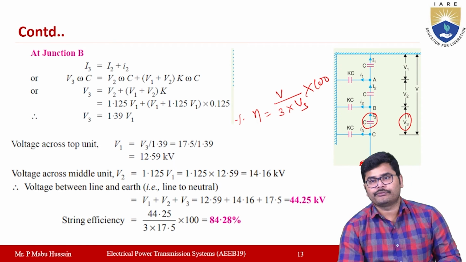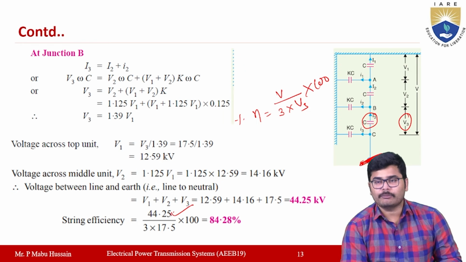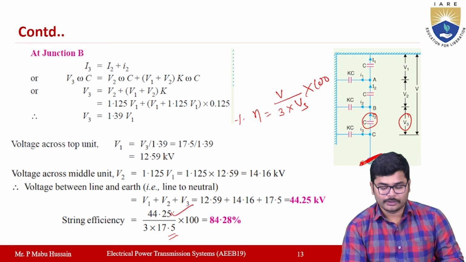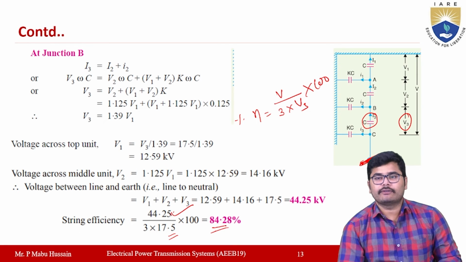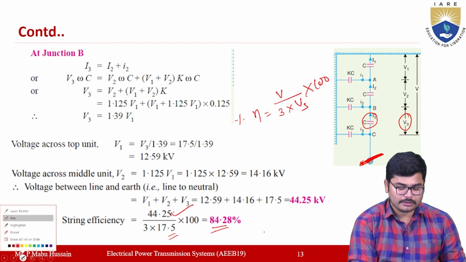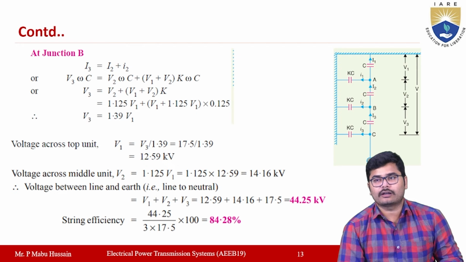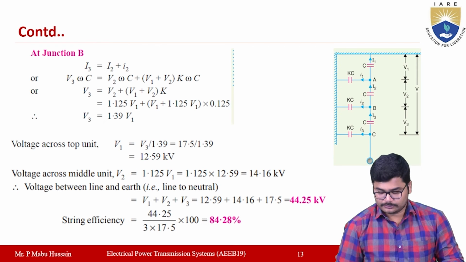So 44.25 by 3 into 17.5, which is given in the problem. Finally, the string efficiency is equal to 84.28%. This is how we can determine the string efficiency if the voltage across any one unit is given.